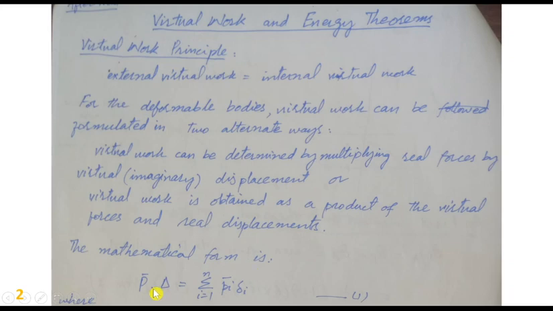Mathematical form is P bar into delta, where P bar is virtual, is equal to summation of, if we have many tiny parts, summation from part i equal to 1 to n, Pi bar into delta i, where delta i is the real displacement for a small part, and Pi bar is the virtual force for that small part.